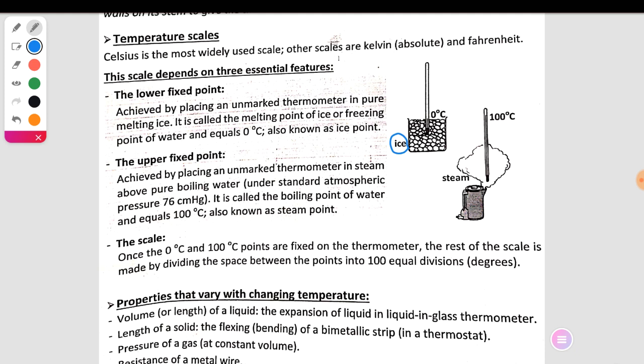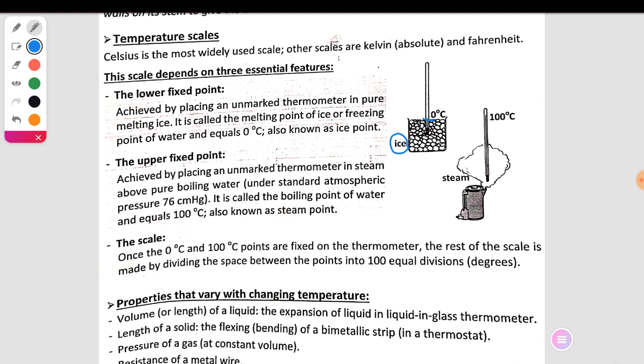Immerse the thermometer in melting ice until thermal equilibrium takes place. What is the meaning of thermal equilibrium? It is when the liquid inside the capillary tube has the same temperature as the surrounding medium, the melting ice, and then mark the point.